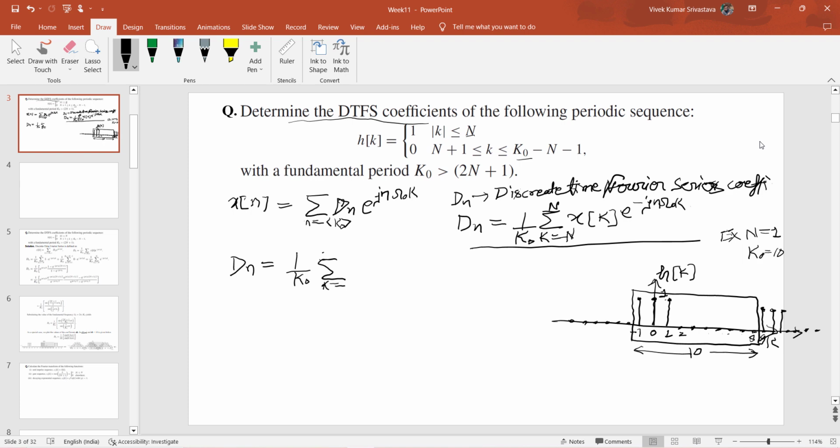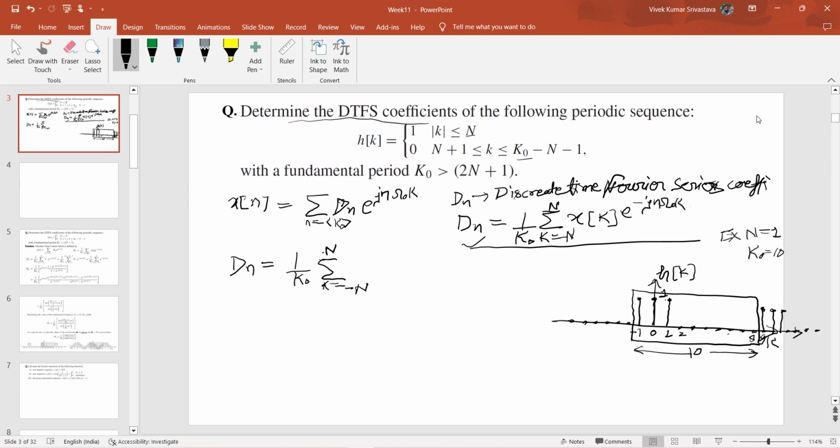So now let us solve this problem. We can evaluate d n by using this expression, which is 1 over k naught, where k varies from minus n to n, let us say. I am considering it for the general case.